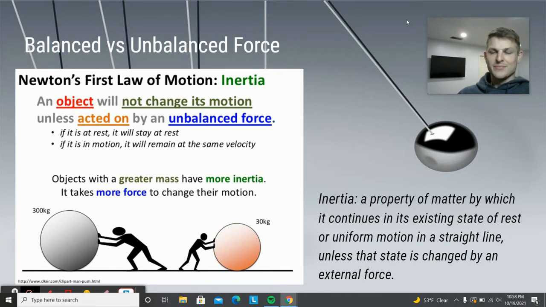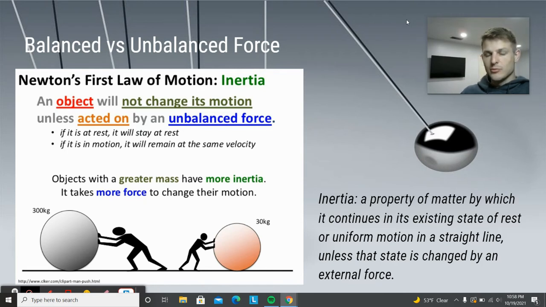Let me say that one more time. An object will stay at rest or remain in constant motion unless acted on by an unbalanced force. There it is, word for word, sorry. Okay, so if it's at rest, it's going to stay at rest. If it's in motion, it's going to continue to stay in that exact motion, constant linear motion.